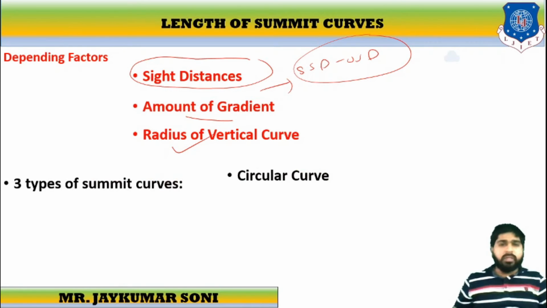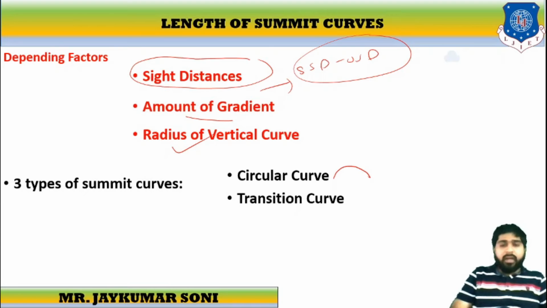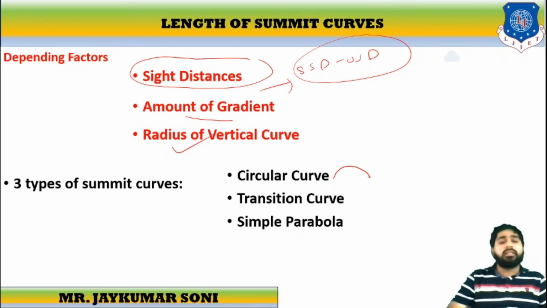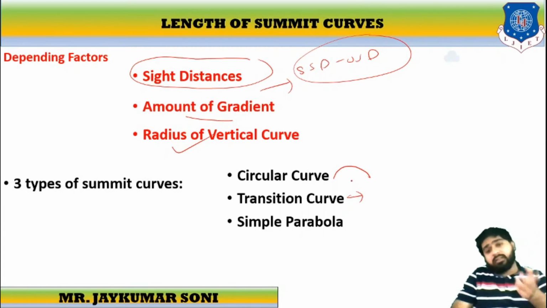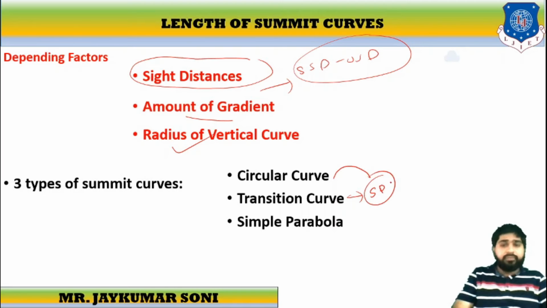There are three types of summit curve. It can be a circular curve like this. It can also be a transition curve, and it can also be a simple parabola. But there are issues in providing a transition curve as a summit curve, because there will be issues in sight distance analysis that may create hindrance in the design.